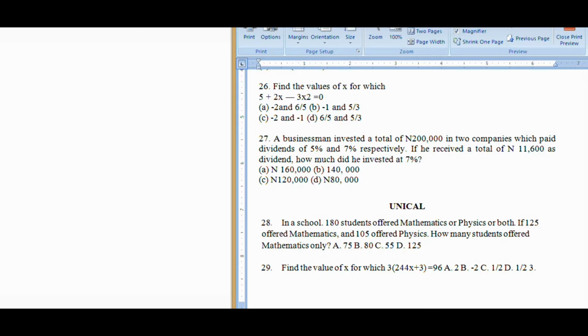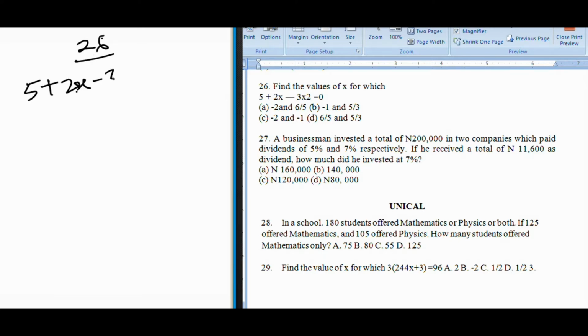Now the minus 3 times 5 will give us a minus 15. Now, what are the factors of minus 15 that when we add it together, we have plus 2? That will be minus 3 and plus 5. That is 5 plus 5x minus 3x minus 3x squared will be equals to 0.